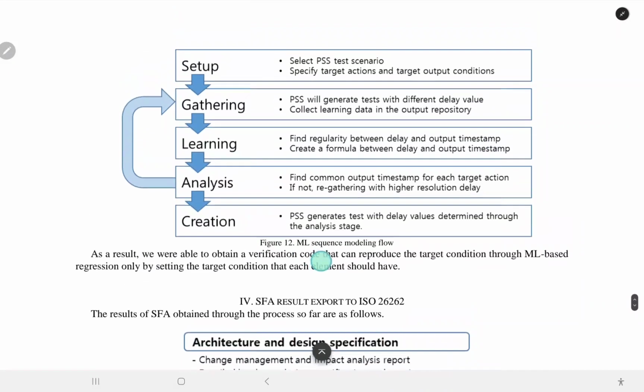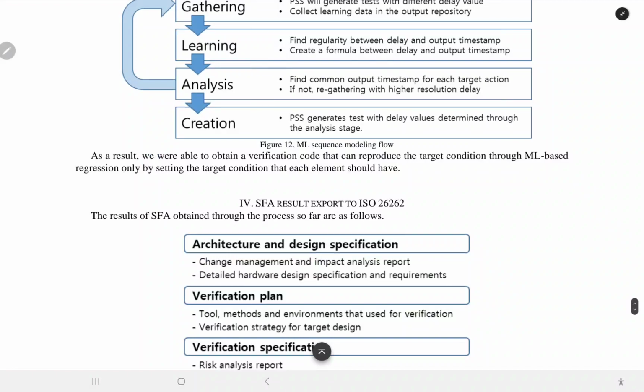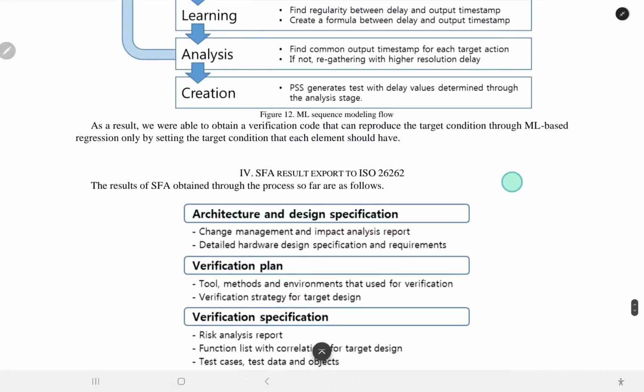Figure 12 is the ML sequence modeling. As a result, we were able to obtain verification code that can produce the weak target condition through ML-based regression, only by setting the target condition that each element should have.